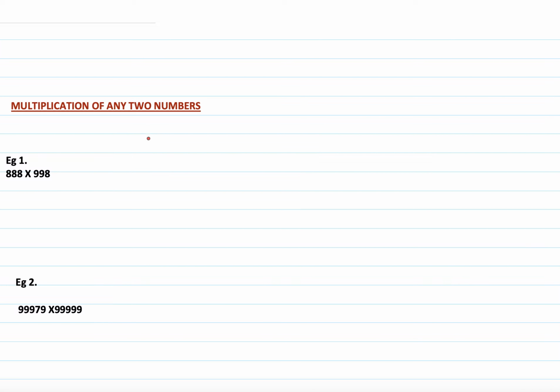What you have to do is write them vertically, the way we write for normal multiplication. Now for both numbers, you have to choose a common base. I am taking 1000.